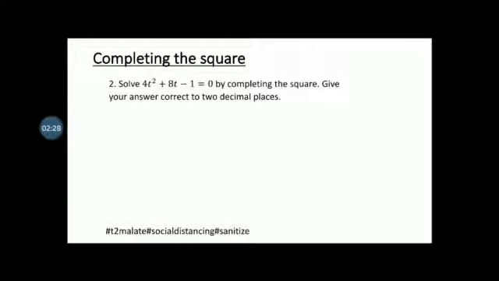So then we're going to have 4t squared over 4 plus 8t over 4 minus 1 over 4 is equal to 0 over 4. So this simplifies to t squared plus 2t minus 1 over 4 is equal to 0.